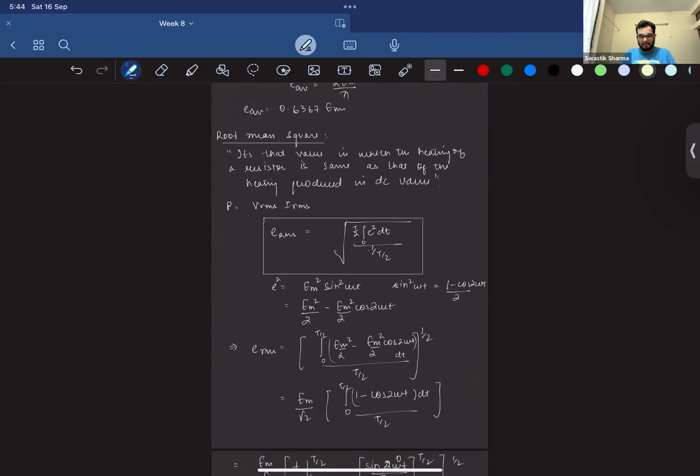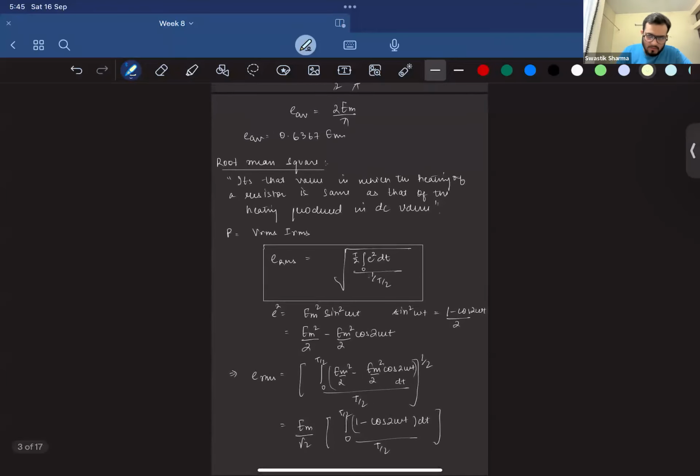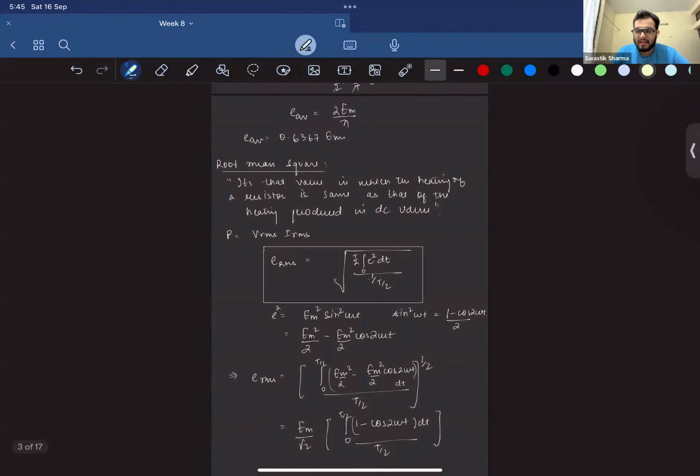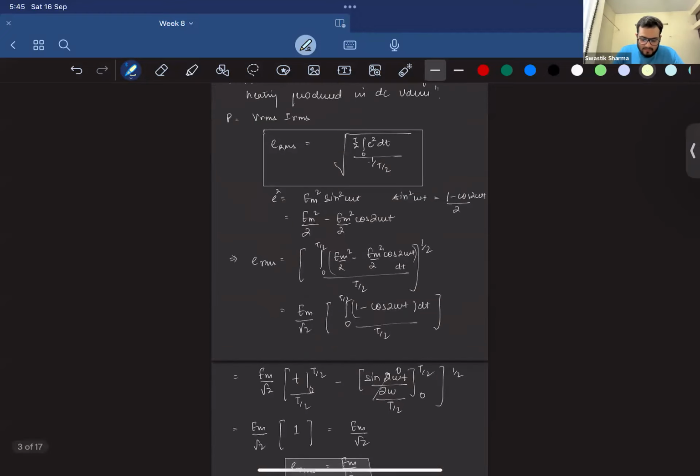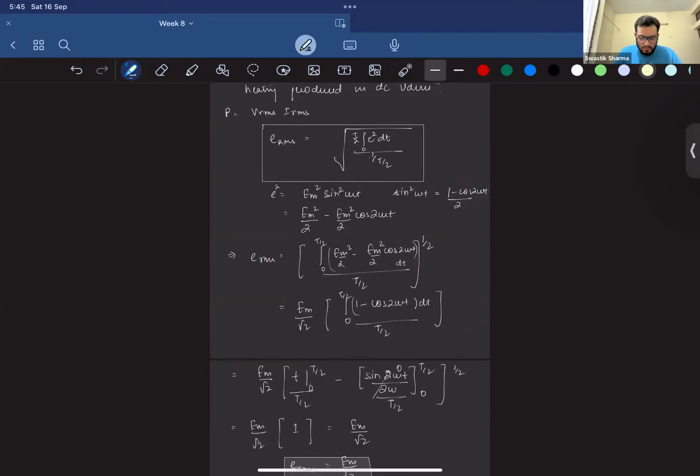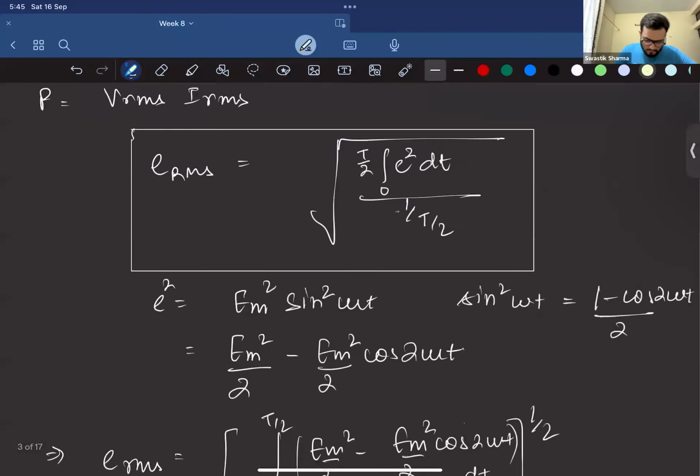So root mean square is nothing but that value of, let's say, current I, at which the AC current will produce the same amount of heat as it would produce in a DC circuit. So that's how IRMS comes into the picture, because it's VRMS into IRMS, which is IRMS square into R. Let's elaborate a bit, otherwise you won't understand.